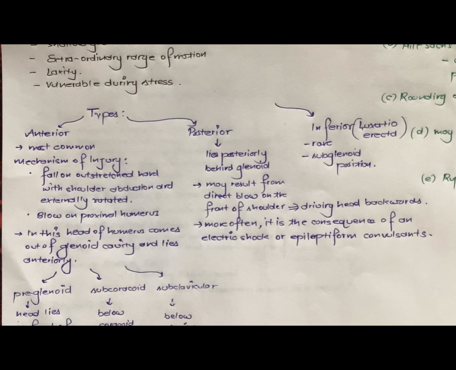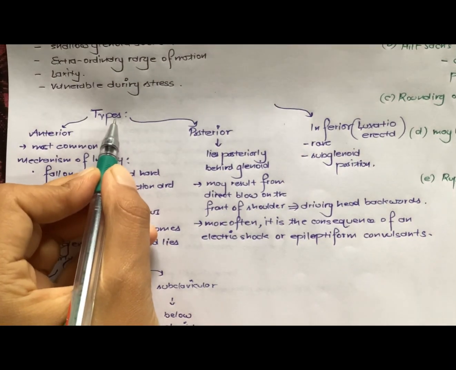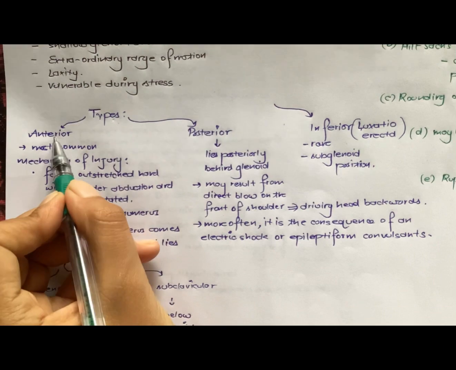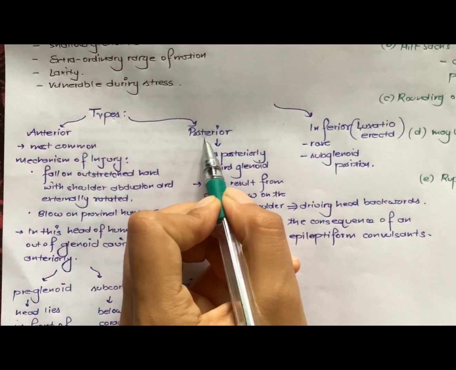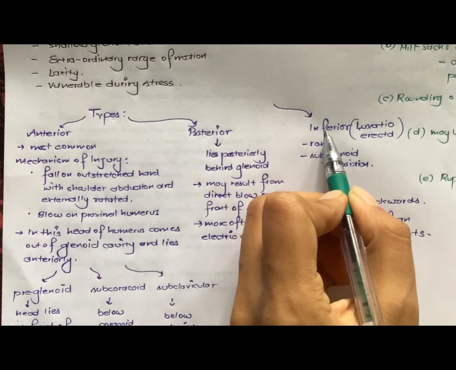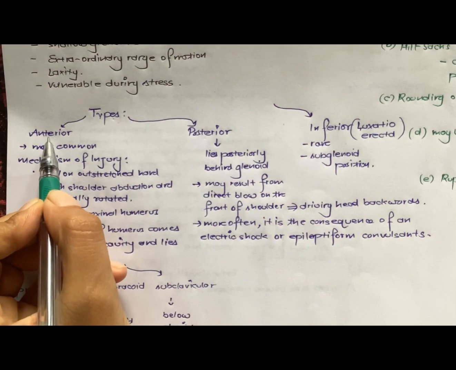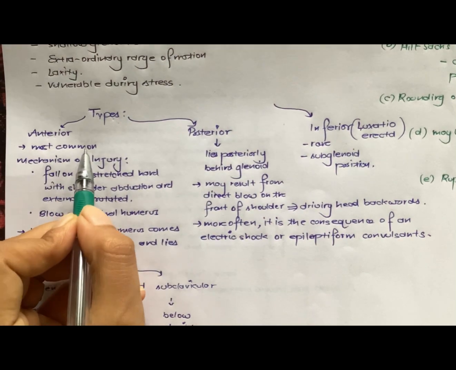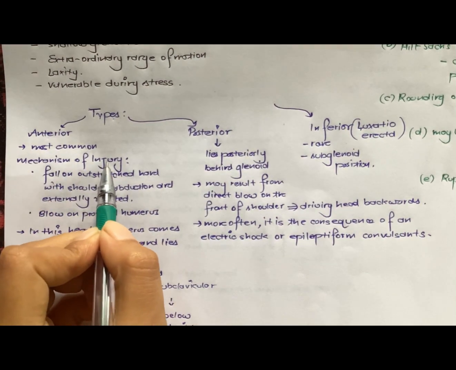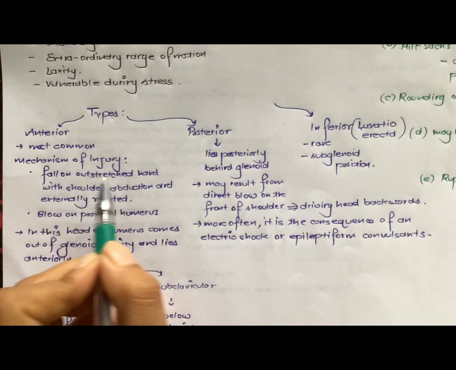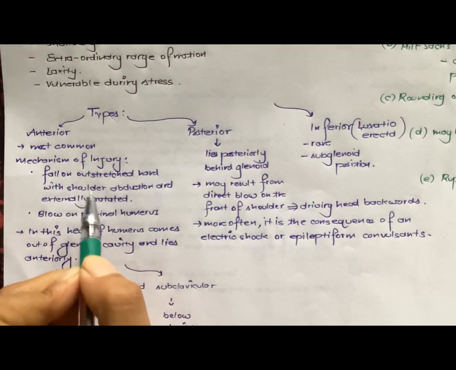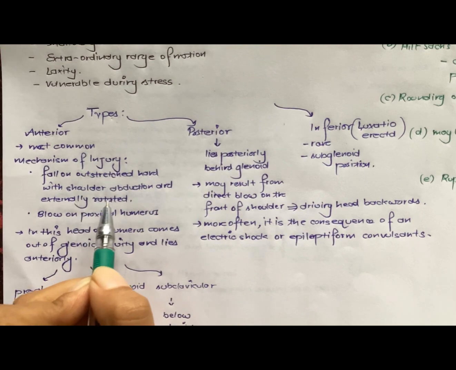We have already discussed the types of dislocation of shoulder joint: anterior dislocation, posterior dislocation and inferior dislocation. Anterior dislocation of the shoulder joint is the most common one, and the mechanism of injury is when a person falls on an outstretched hand with the shoulder abducted and externally rotated.